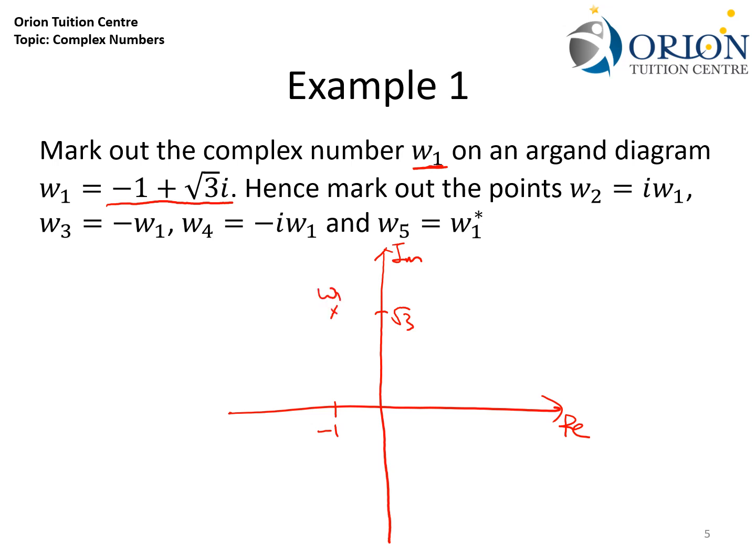Based on our knowledge of w1, we have to mark out w2, w3, w4, and w5. So we can see that w2 is i times w1, which means it is a 90 degrees anti-clockwise rotation about the origin. So I'll first draw a circle.